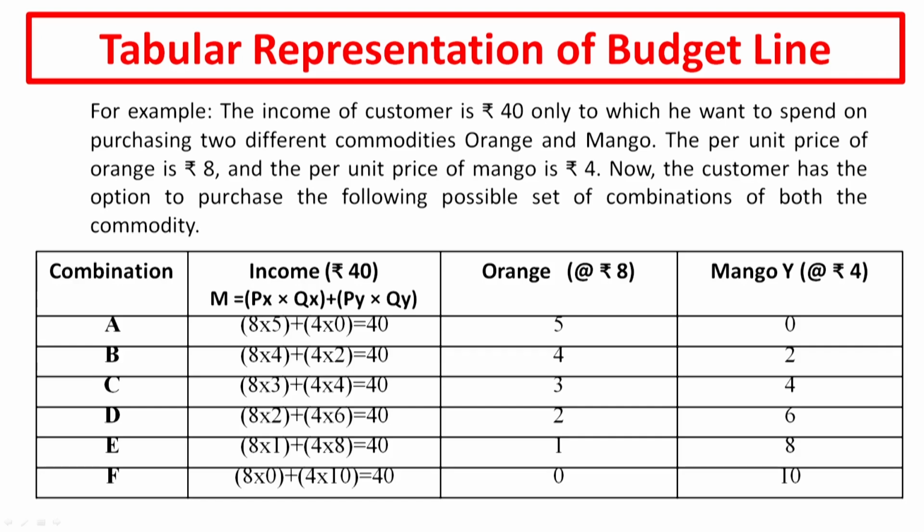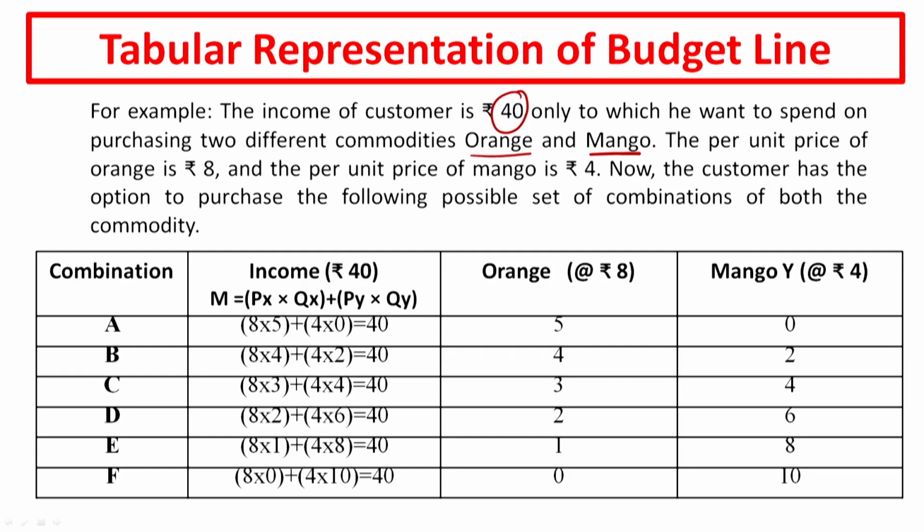Tabular representation of budget line. This is an example representing the concept of price line or budget line. As per this example, the consumer has only 40 rupees as income. And the two commodities the consumer can purchase are orange and mango.